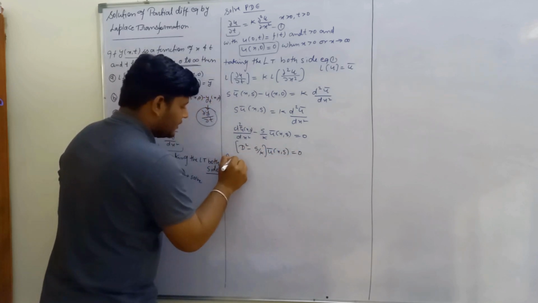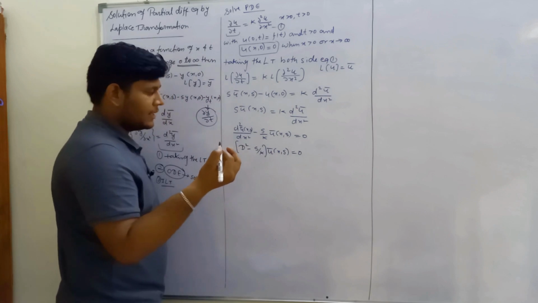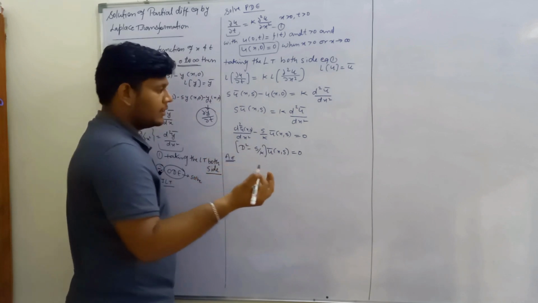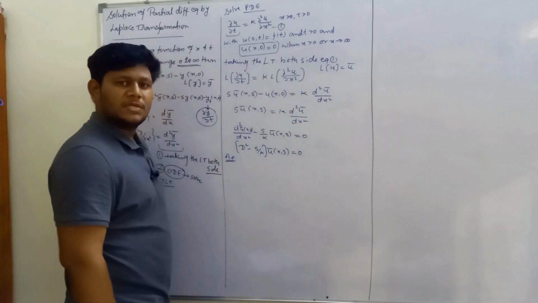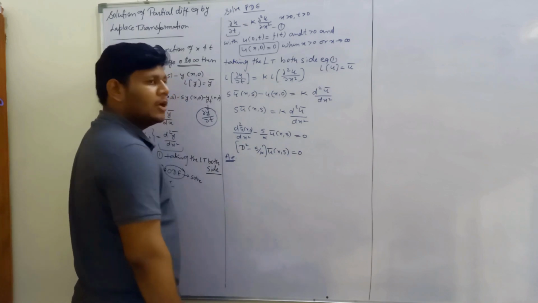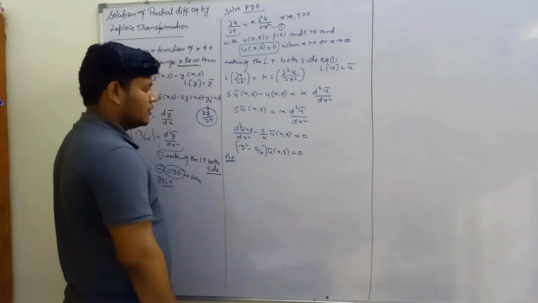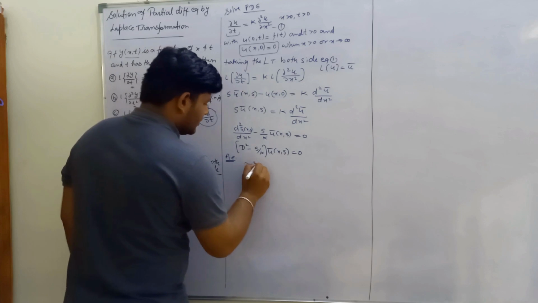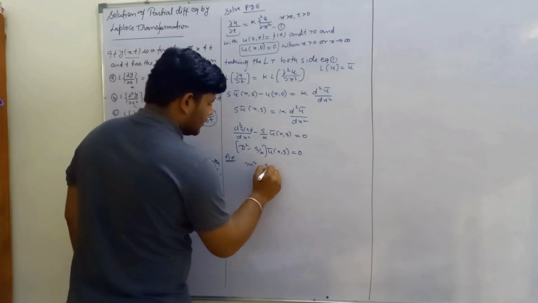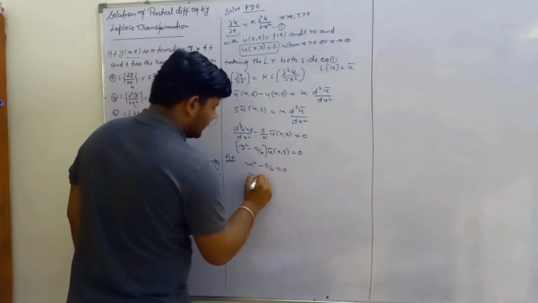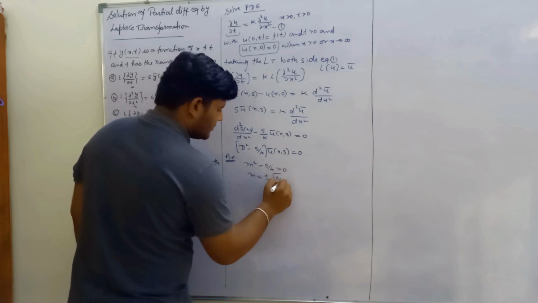So by using the auxiliary equation, the right hand side term is zero, so it is a homogeneous constant coefficient differential equation, and only the complementary function is the solution. The auxiliary equation is m square minus s upon k equals 0, then m equals plus minus root of s by k.